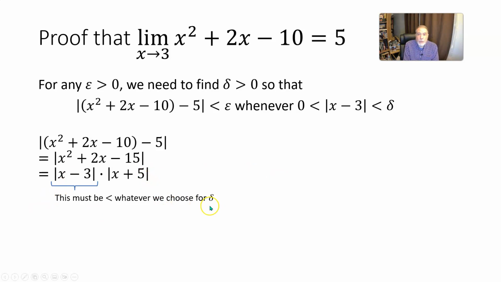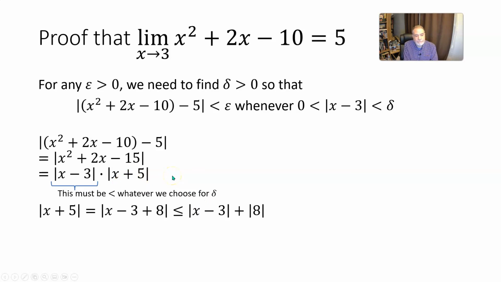If we said that delta was just plain epsilon itself, then that would guarantee that at least that part of it is less than epsilon, but then the whole thing would be less than epsilon times whatever the rest of it is. So what about that rest of it? What about the absolute value of x plus 5? Well, that would be equivalent to the absolute value of x minus 3 plus 8, because of course minus 3 plus 8 is equivalent to plus 5. And then by the triangle inequality, that would be less than or equal to the absolute value of x minus 3 plus the absolute value of 8.